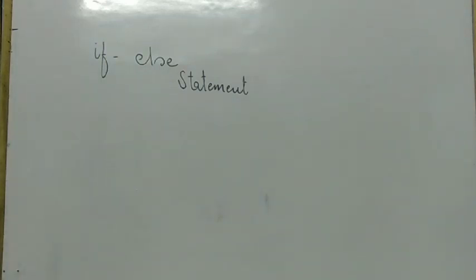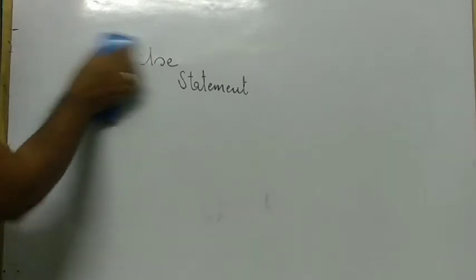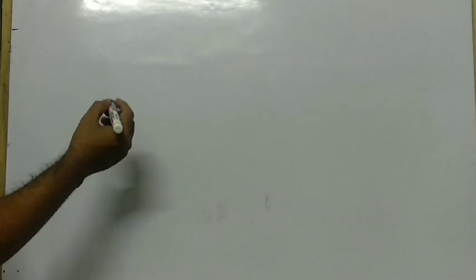So come with me and let's know what the if-else statement is. The if-else statement works depending upon the decision box. Okay. So what is the syntax for the if-else statement?